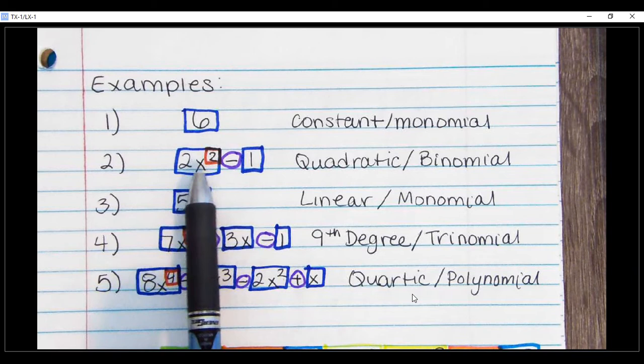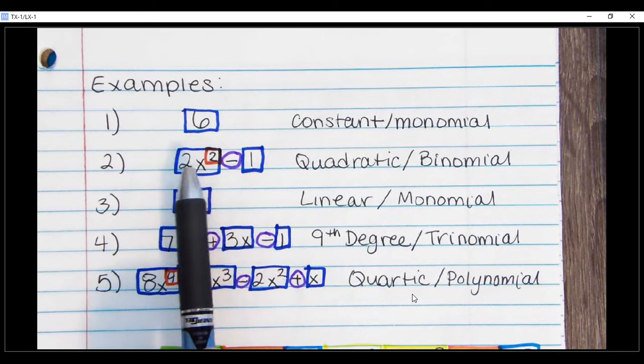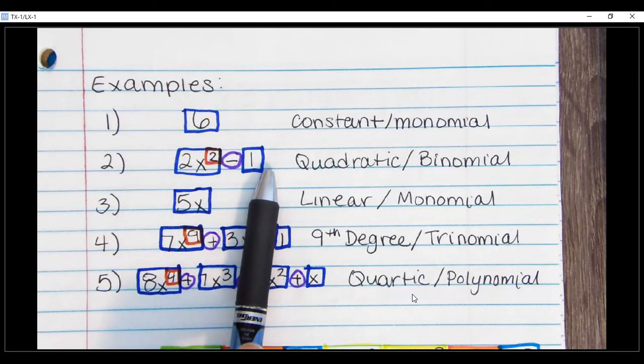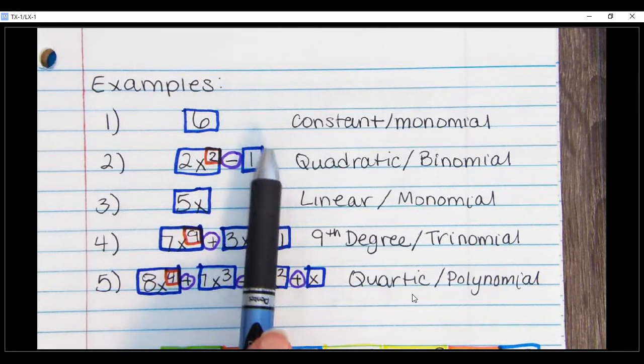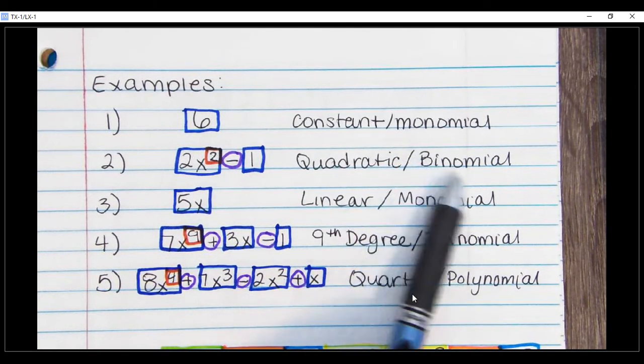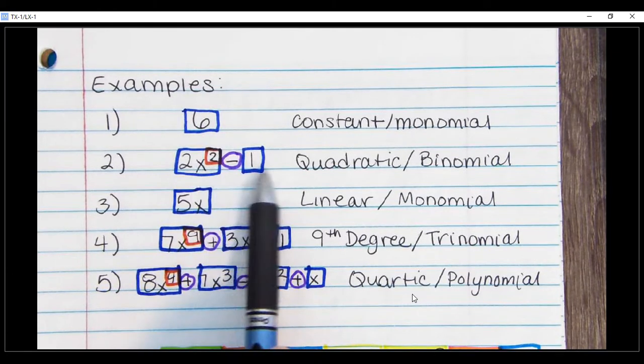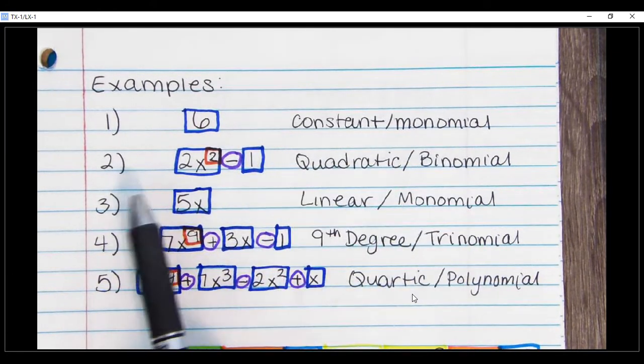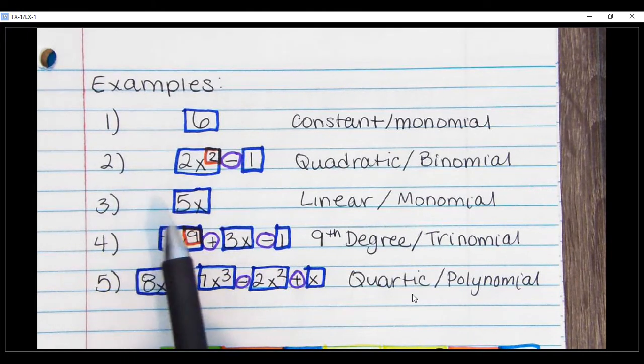Now looking at the terms, I have one subtraction sign in there, and then there are 2 terms surrounding it. So looking at the blue boxes, I have 1, 2. So that's 2 terms. And based on the chart from the previous page, that is called a binomial. So this polynomial right here is called a quadratic binomial.